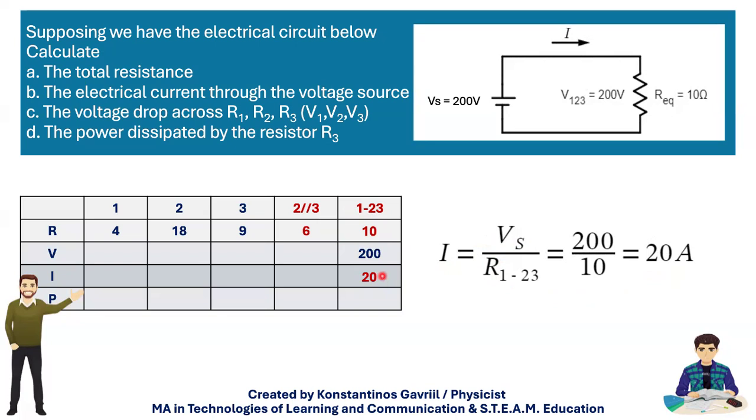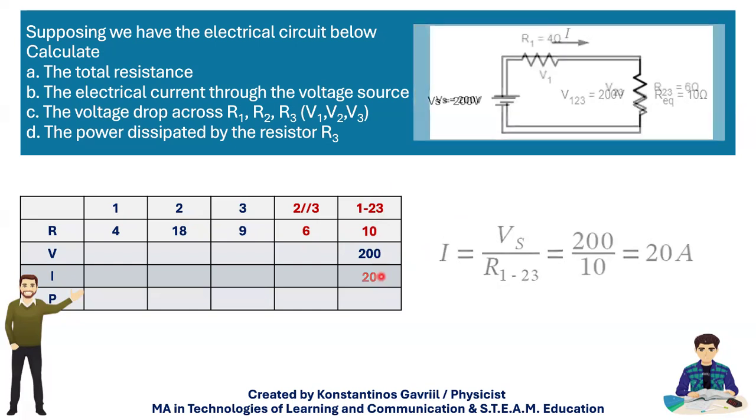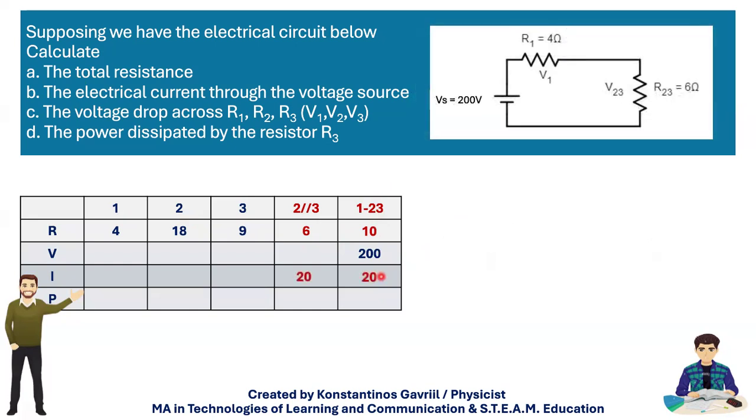How am I going to move on? I see from the R total that I have some properties. What do I mean? I have the resistor 1 connected in series with the packet of 2, 3. So these two, R1 and the packet of R2, 3, have the same current flowing through them. So I will put here 20, and I will put here 20 also.